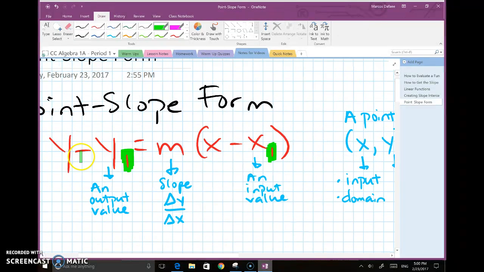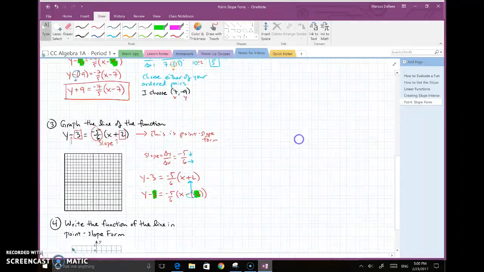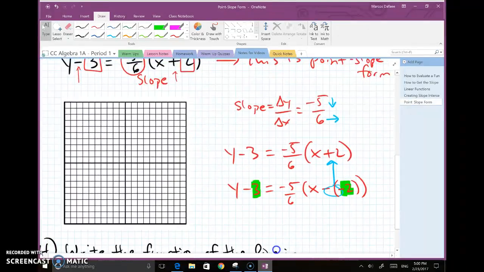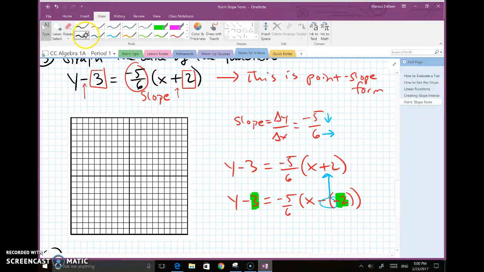See? A minus sign right here, and a minus sign right there. That's part of the design of this function. So anything that you see that is a plus sign means that originally the number had to have been a negative. So what this means is that I have a point right here. My point is at negative 2, 3. And with that, I can go ahead and create my graph.